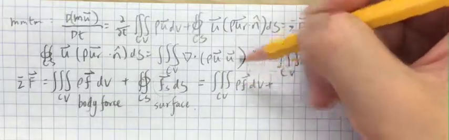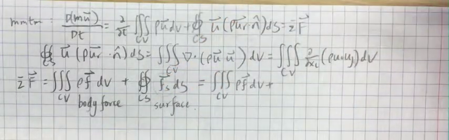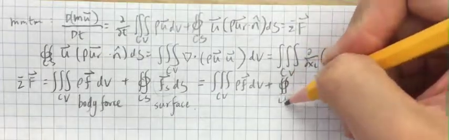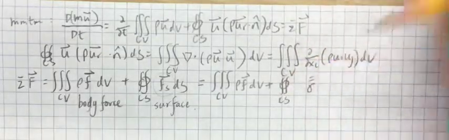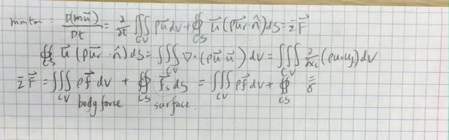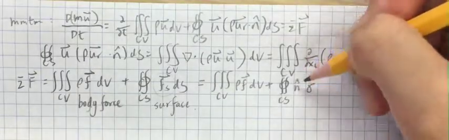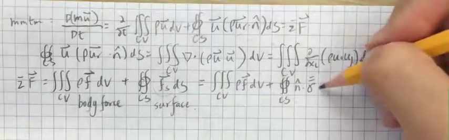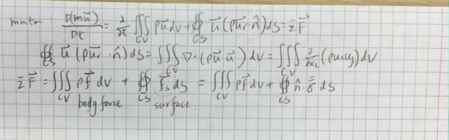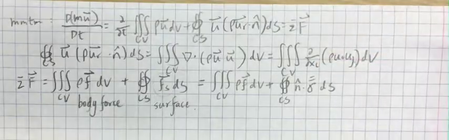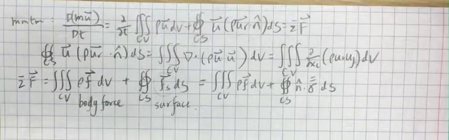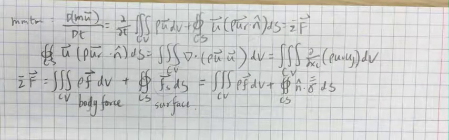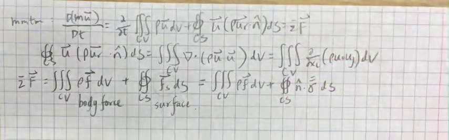So actually, the surface force can be represented as the stress tensor, right? And we pick out the right direction, so it will give us something like this: n times sigma dS. Okay, so now we can use the divergence theorem to make this a triple integral.